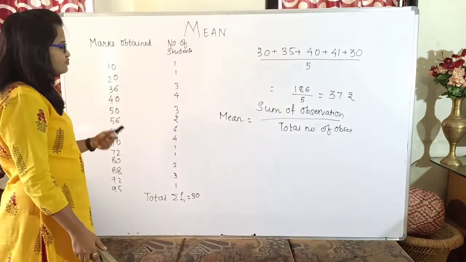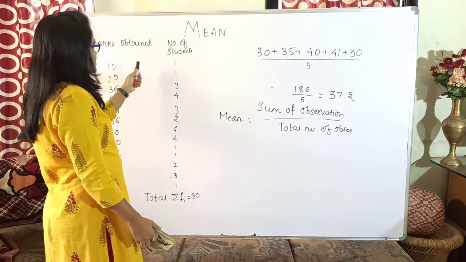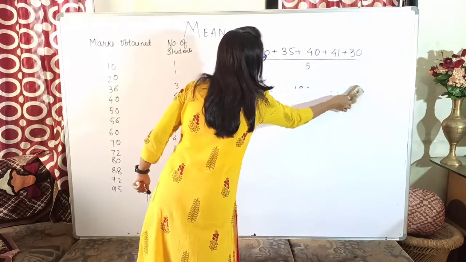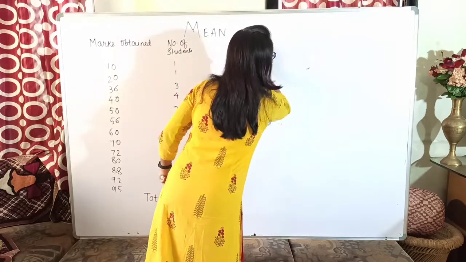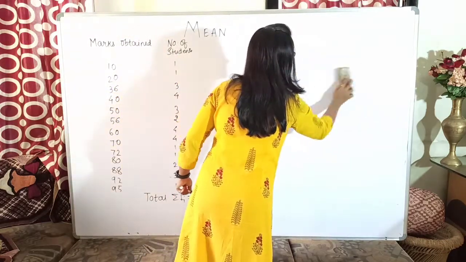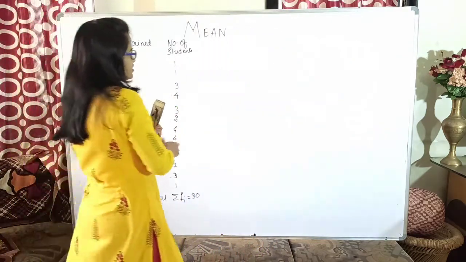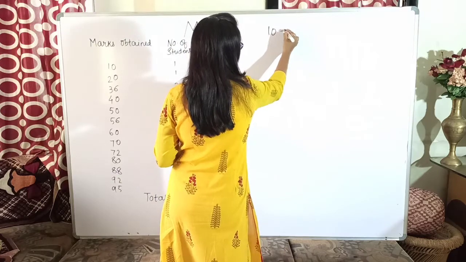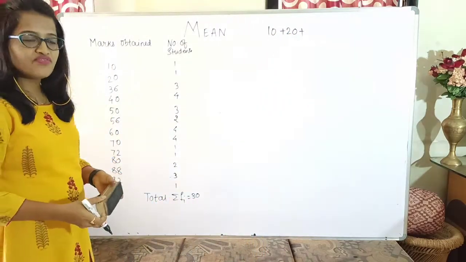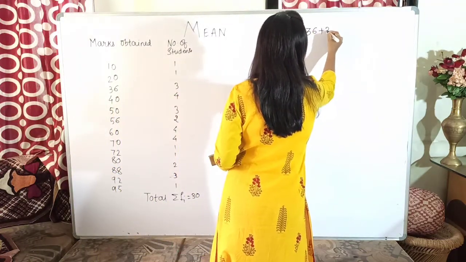When I say that 10 has frequency 1, it means 10 is repeated only one time. Similarly, 20 also has frequency 1, so 10 plus 20. Similarly, 36 has frequency 3, which means I have to write 36 three times.